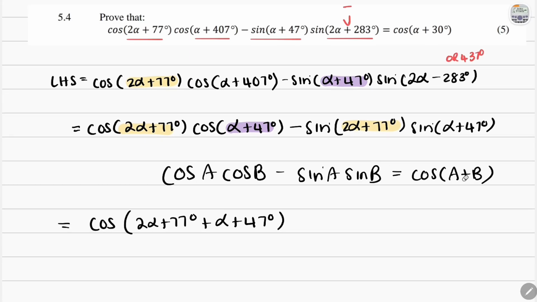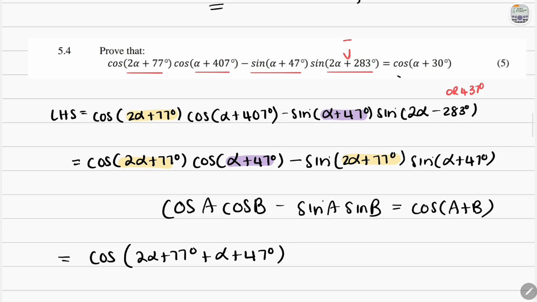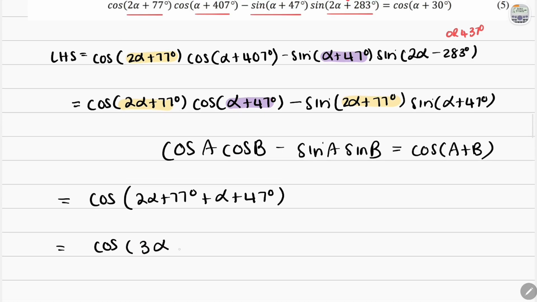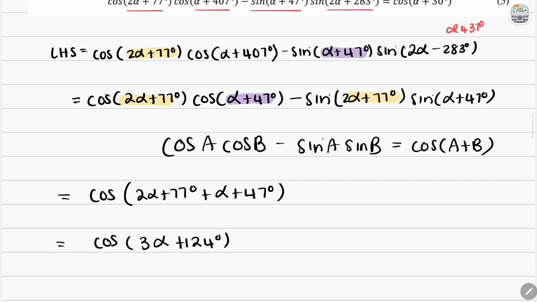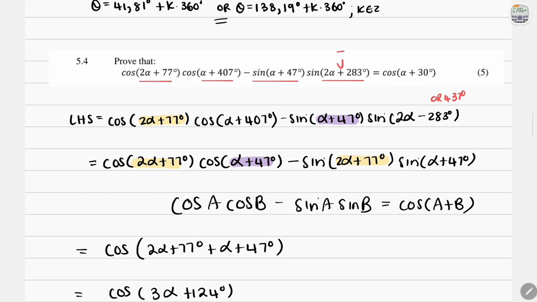When you simplify it, it should become plus. If you add these, you see how we're never going to get to this. If you add these, you get cos 3 alpha and then 77 plus 47, so plus 124 degrees. You see how that is not identical to this. And we would have seen that this was a problem if we did this at first.